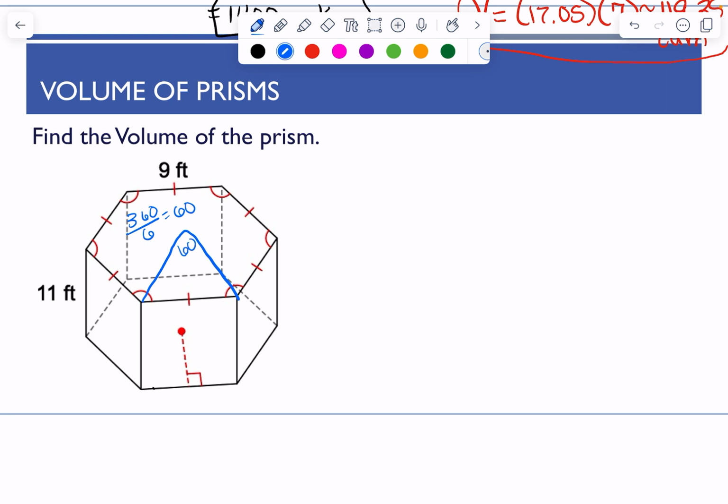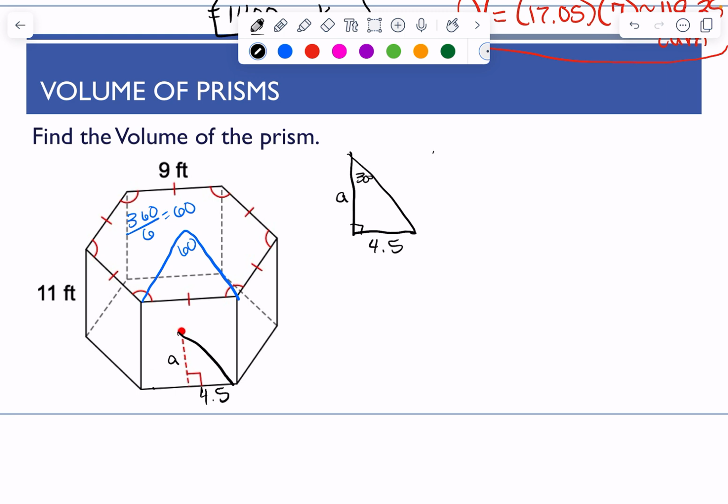So then if I take that triangle apart, this triangle down here, this is the apothem. Half of 9 is 4.5. So if I draw in my triangle here, I know this measurement is 4.5. Here's my apothem. Half of the 60 would be 30 degrees.